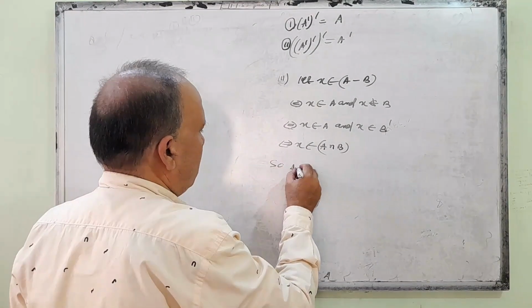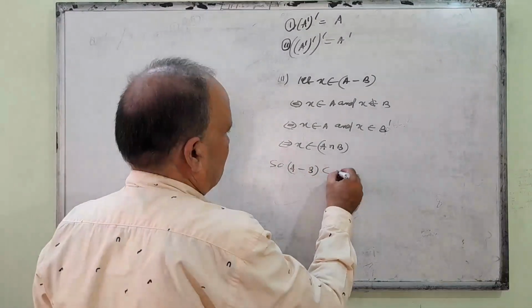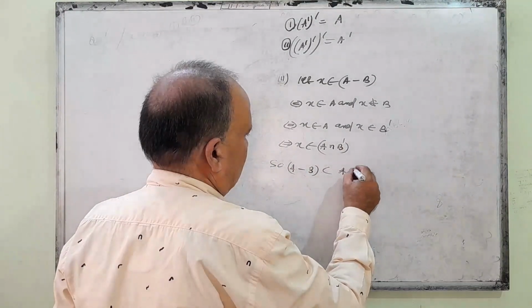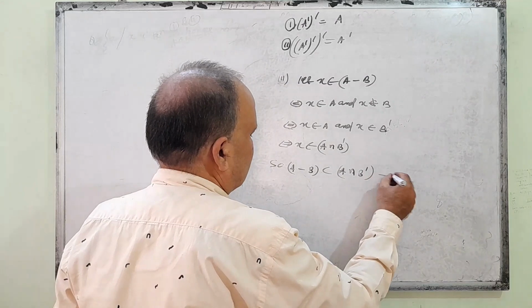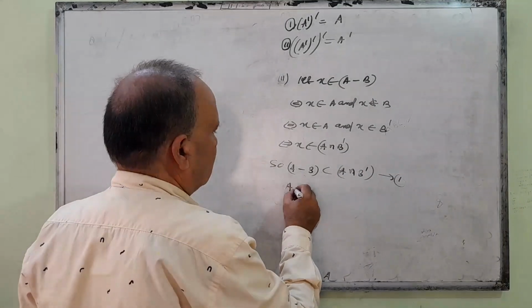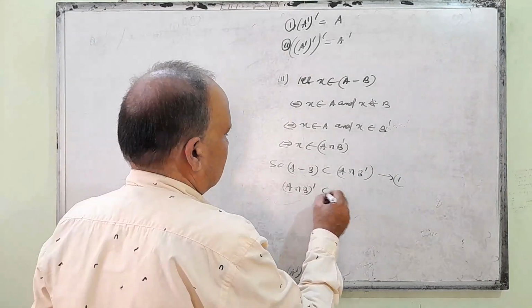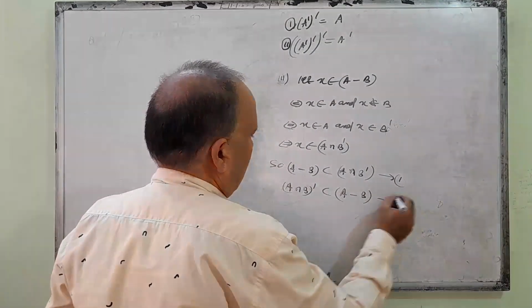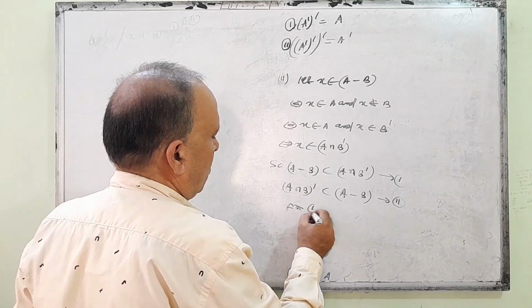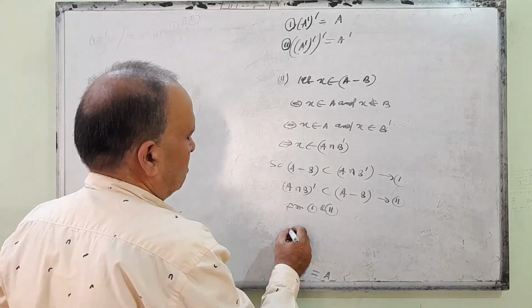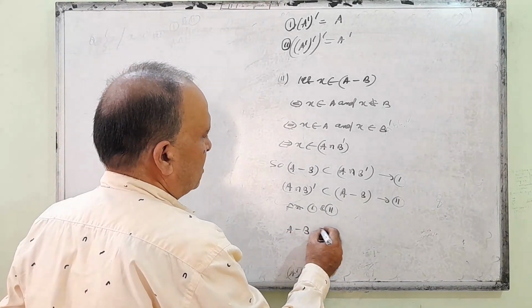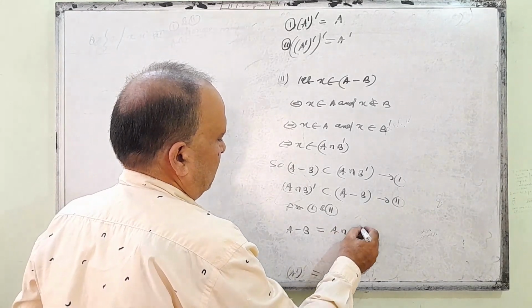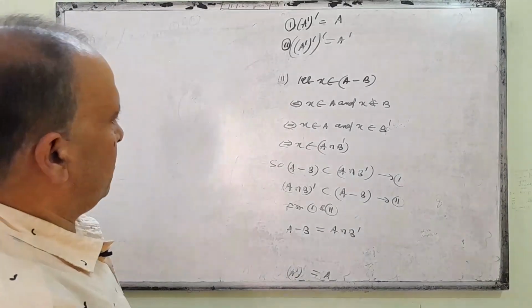So A minus B is a subset of A intersection B dash. This is the first. And A intersection B dash is a subset of A minus B. From 1 and 2, we can write A minus B is equal to A intersection B dash. This is your third property.